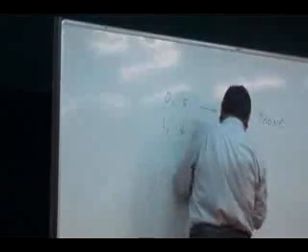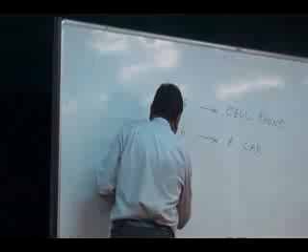Zero and 6, cell phone. I'm sorry, it should be 0 and 4. I did the same mistake last time also. 0 and 5, 1 and 6, two and 7.